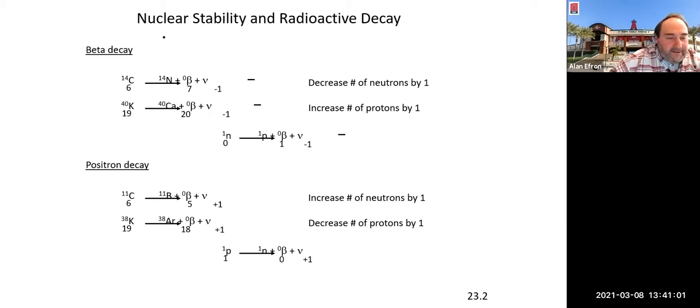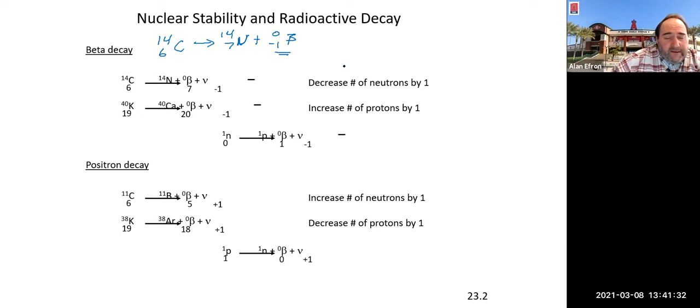We'll just look at the top one here, carbon 14,6 going to nitrogen 14,7 plus our 0, minus 1 beta. So this is a beta decay. The word decay means that the beta particle is being given off on the right. That is 7 and minus 1 on the bottom, which is 6, to match the 6 on the bottom on the left. 14 on top on the left, 14 and 0 on top on the right.